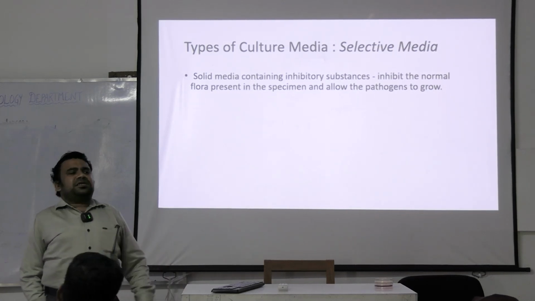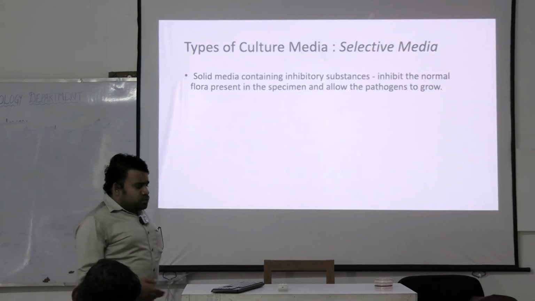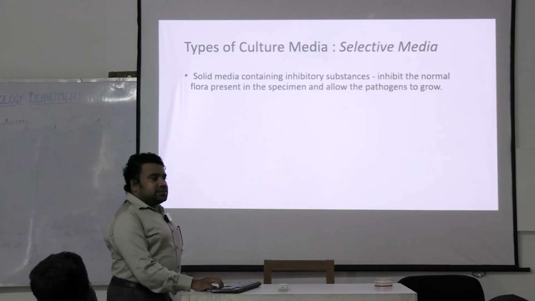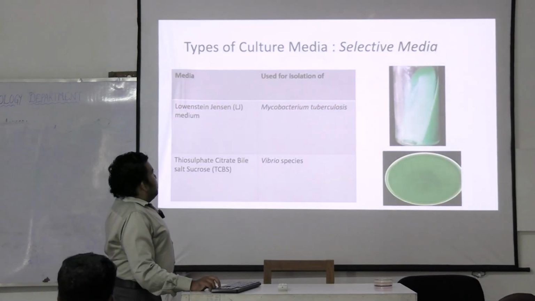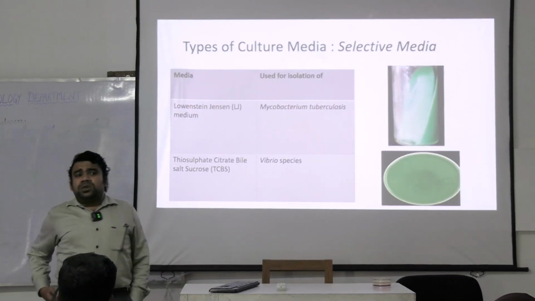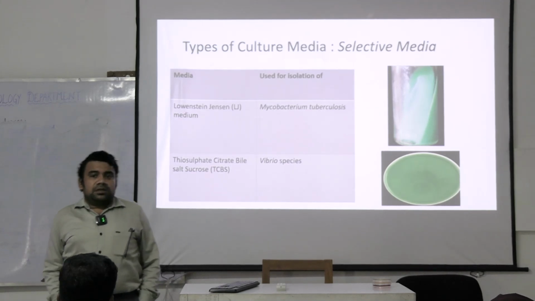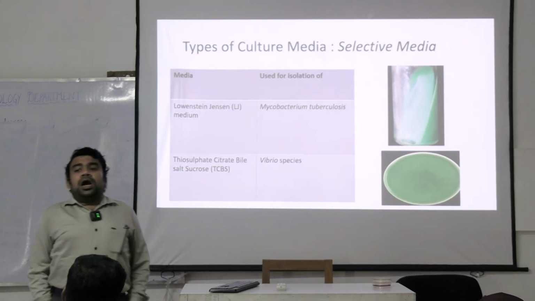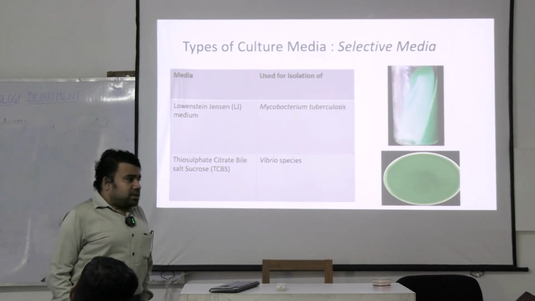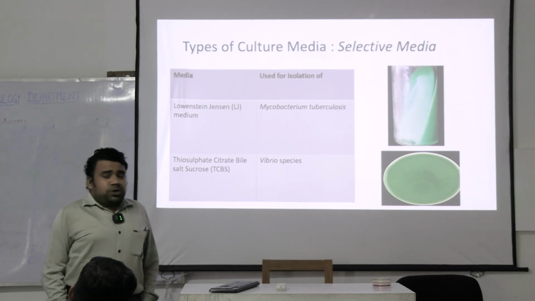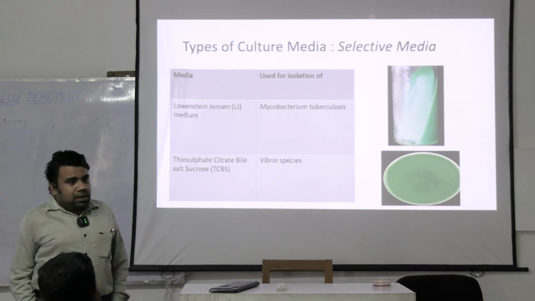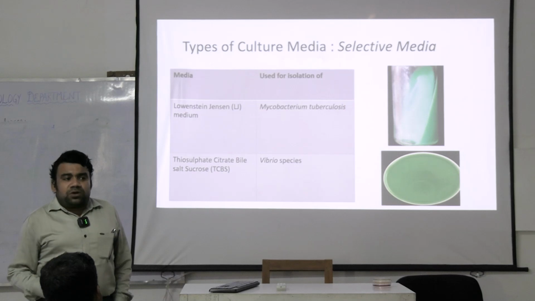So we can make it selective very commonly with the use of antimicrobial agents. Some of the examples will be Lowenstein-Jensen media. This media is used for culture of tuberculosis bacilli. Now, tuberculosis grows very slowly and we use sputum for culture.